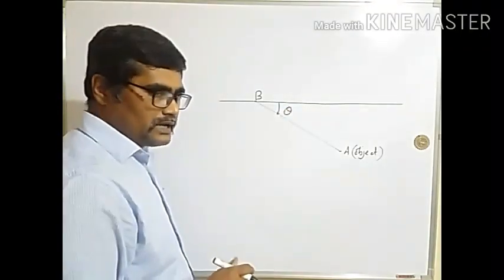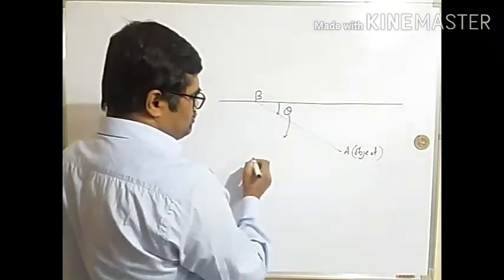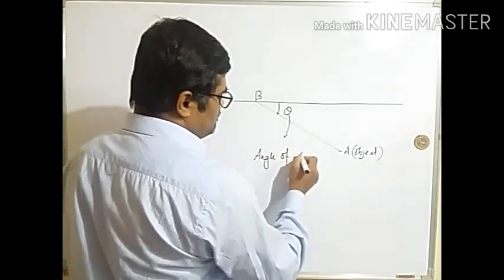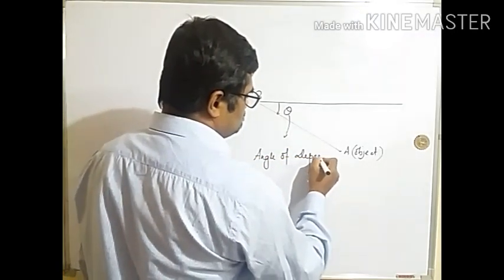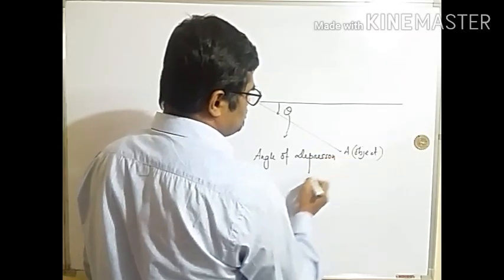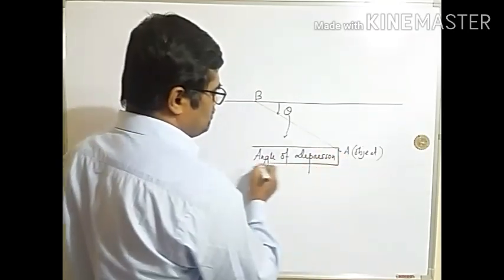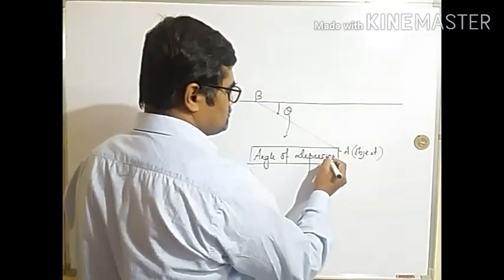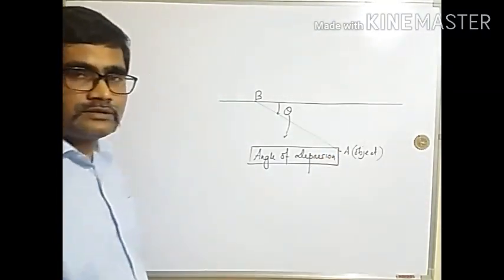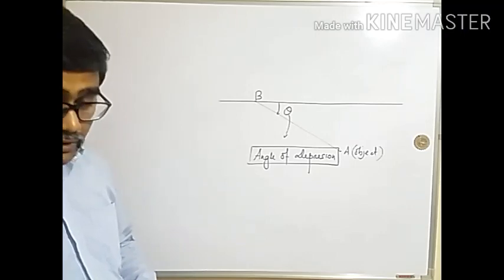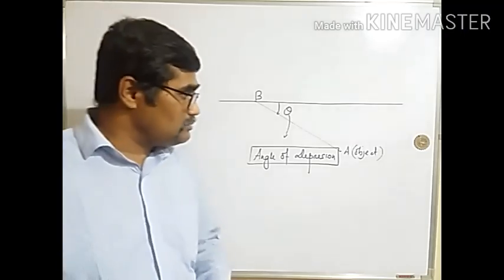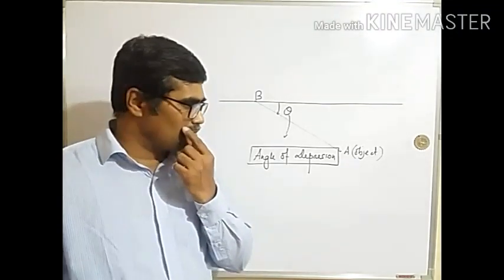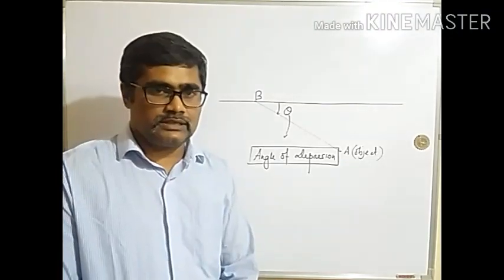Here also we will call the angle theta, but this particular name is angle of depression. Angle of depression. Right? So these two are the very basic key concepts of your application of trigonometry.